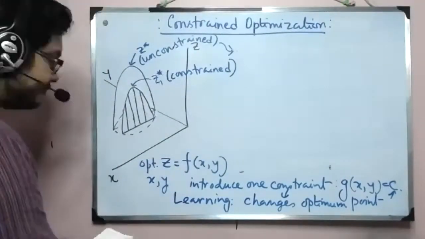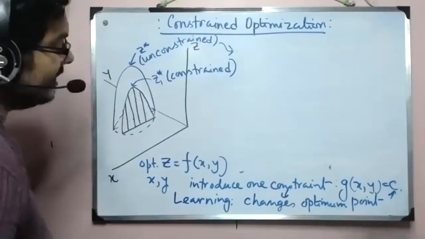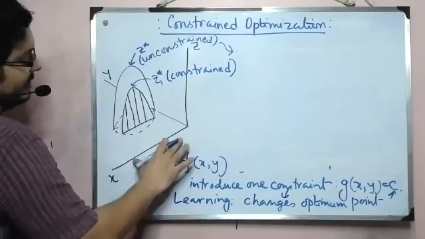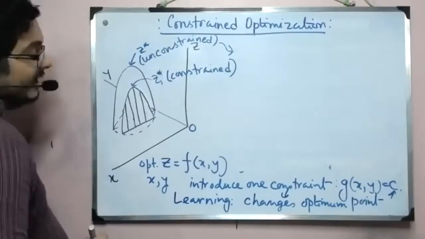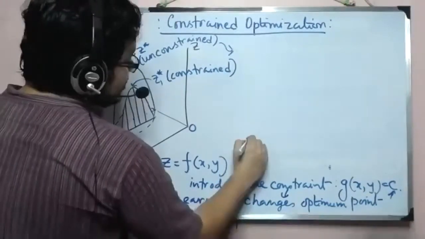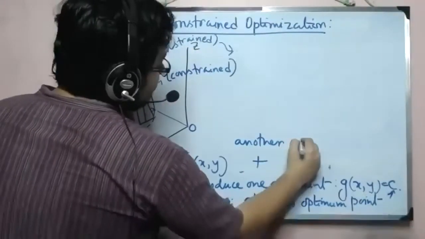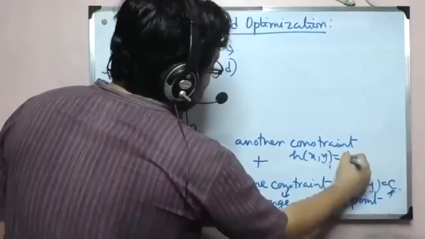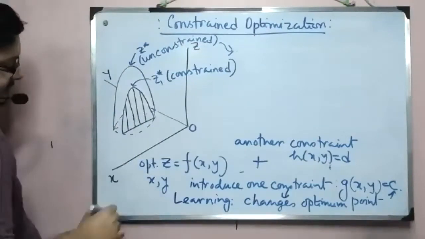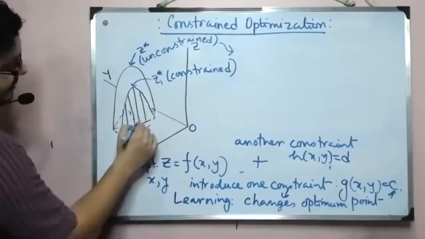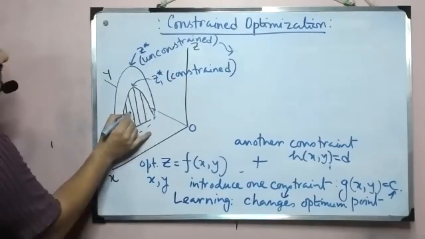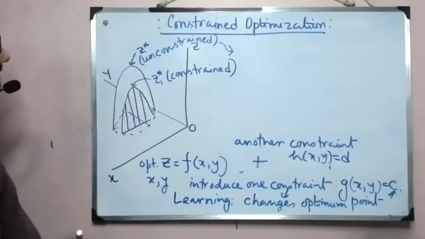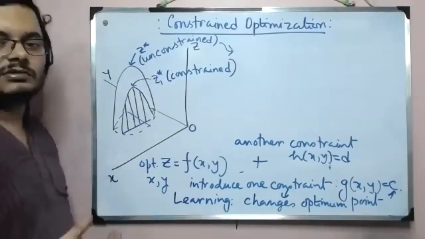Before going into that, let me just say that if I have this one constraint which is parallel to the x-axis, and now I introduce another constraint, say h of x, y equal to d, which goes like this, then essentially there will be nothing to find the optimum for.